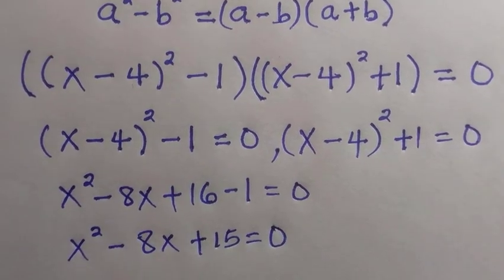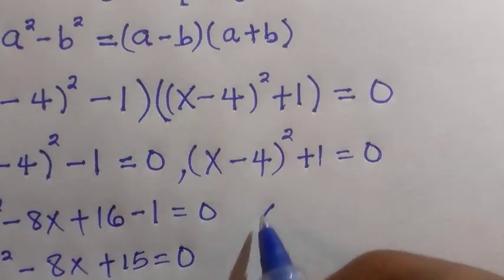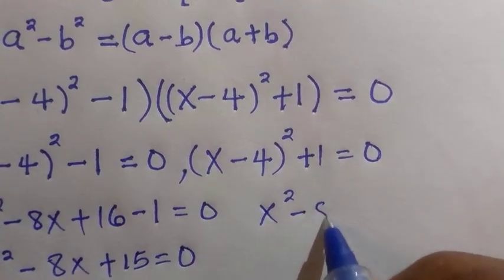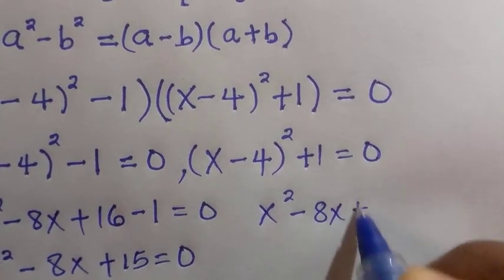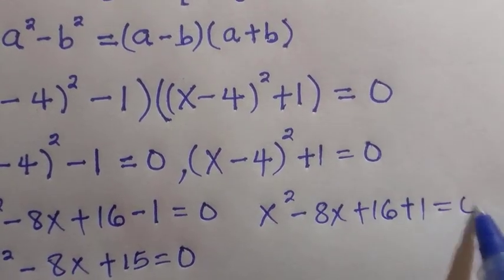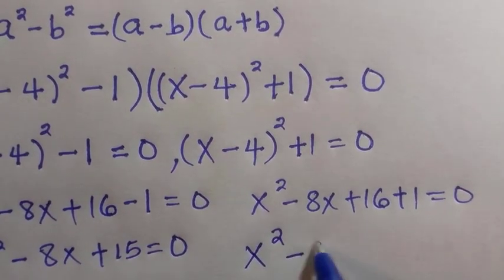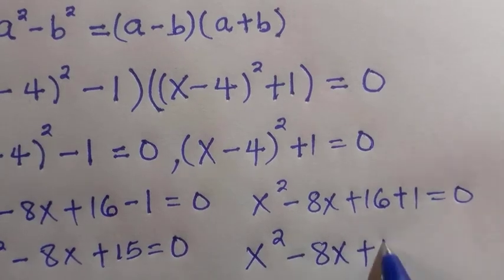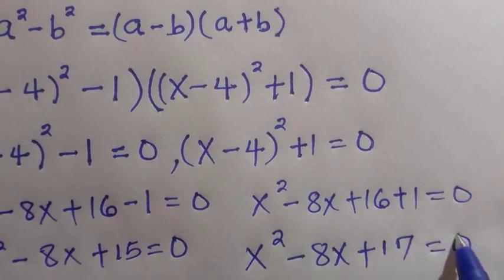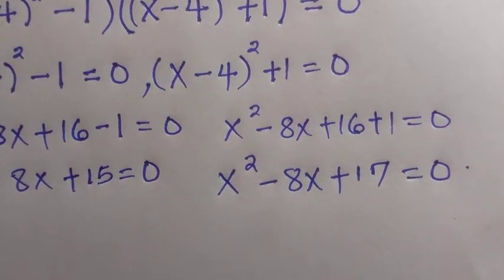Here is what we got, a quadratic equation. For the second one, we have x^2 − 8x + 16 + 1 = 0, and by adding 16 and 1, we have x^2 − 8x + 17 = 0. This is another quadratic equation.